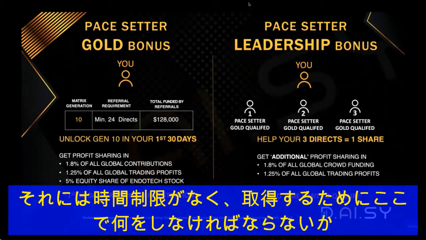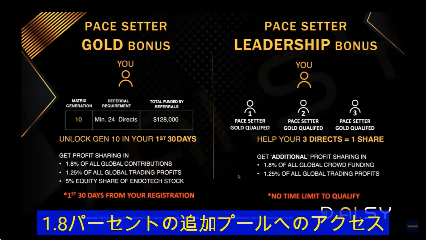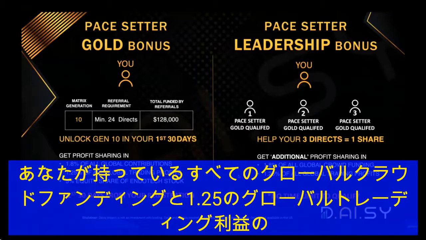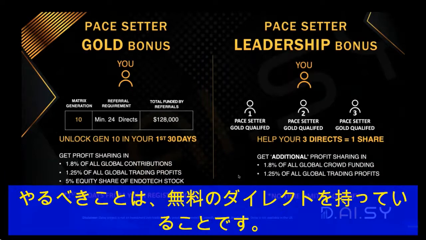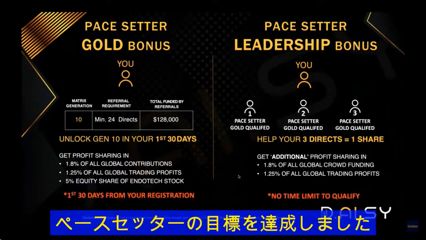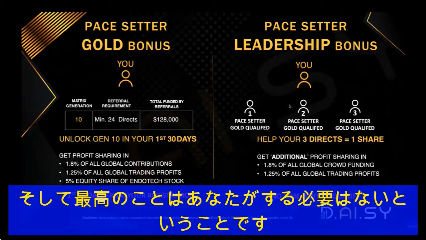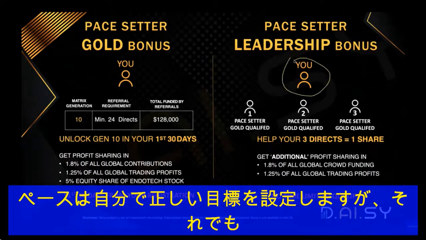And what you have to do here to get access to an additional pool of 1.8% of global crowdfunding and 1.25% of global trading profits is to have 3 directs that have achieved Pacesetter Gold, okay? And the best thing is you don't have to be Pacesetter Gold yourself, right?